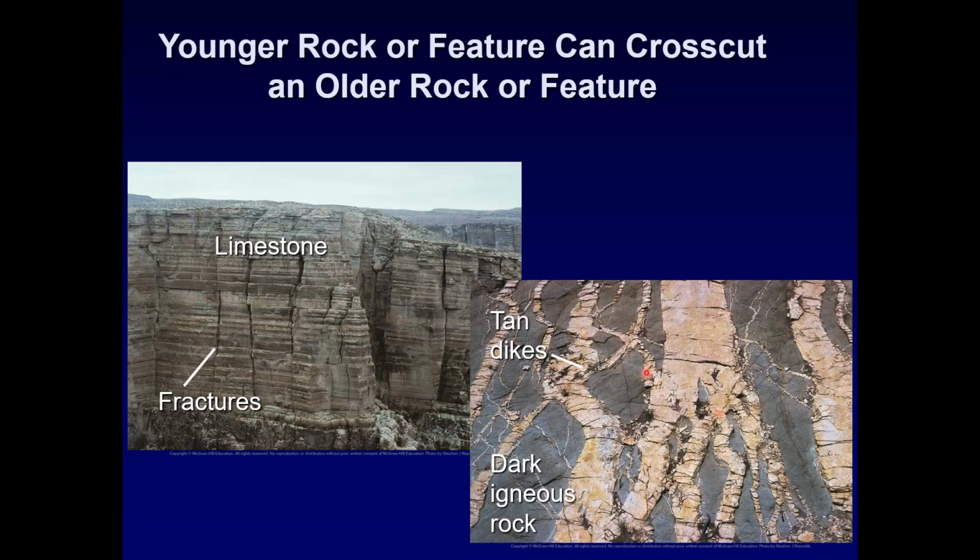Here we have light-colored dikes of granite cross-cutting darker igneous rocks. So the granite, the lighter colored material, is younger than the dark-colored igneous rocks. It seems simple, but this is when we're only looking at about two things in a section of rock. Sometimes we have twelve things going on, and we're always trying to put it in order.